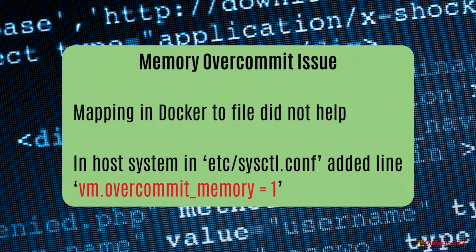And essentially all I had to do is on the host system, in other words, either your desktop PC, if you've got your Docker stuff running there, or on your VPS's host system on the server itself. You will just edit the file, and you can use Nano Editor or whatever you want to use. The file's location is etc/sysctl.conf, and I just added this line inside the file, vm.overcommit_memory equals 1.